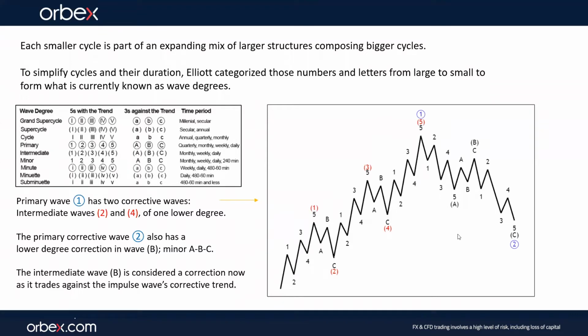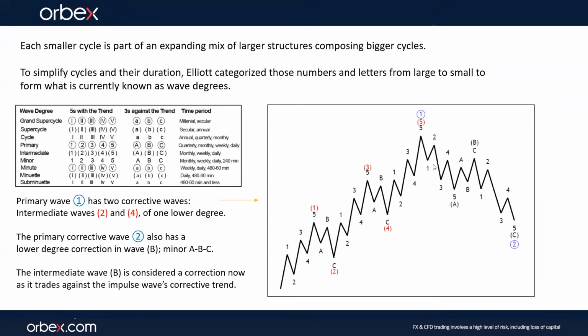So the intermediate wave B is considered a correction, like I just said, as it trades against the impulse wave's trend. As you can see here, this is all going against the trend, so it's corrective. However, this wave B is considered corrective within this correction because it's going against the A and C waves.